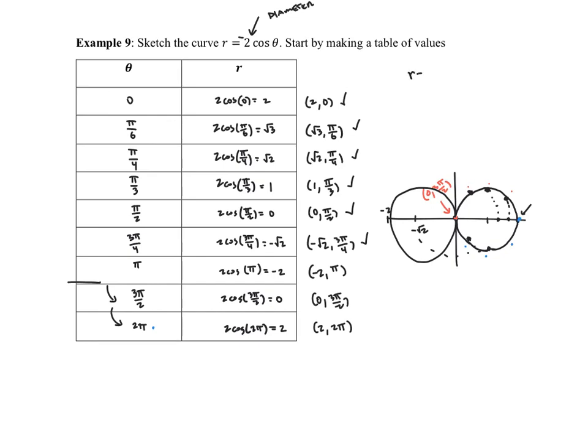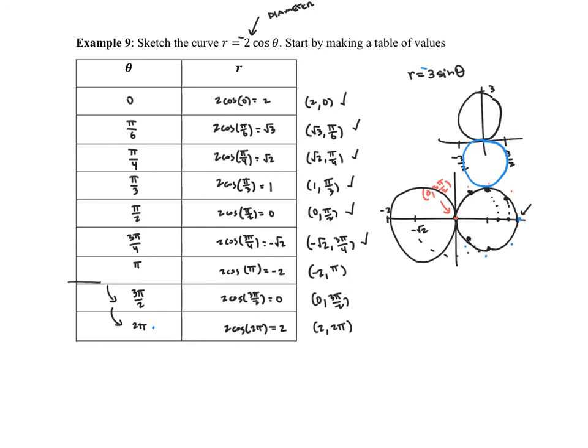If you were to have r equals 3 sine theta, you can think of that as a circle with its center on the y-axis with a diameter of 3, right? So this would be 3 halves. This would be negative 3 halves, etc. So that would be r equals 3 sine theta. If you were to make that a negative 3 sine theta, it would just duplicate it on the other side of the x-axis. Okay, so that's a basic on graphing polars.